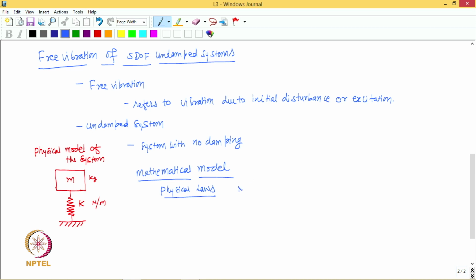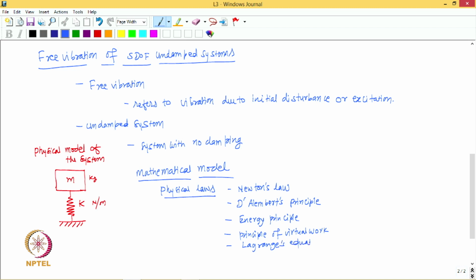So, we can use, for example, Newton's law, or D'Alembert's principle, we can also use the law of conservation of energy, which is referred to as the energy principle, we can use the principle of virtual work, we can use Lagrange's equation, or we can also use Hamilton's principle.